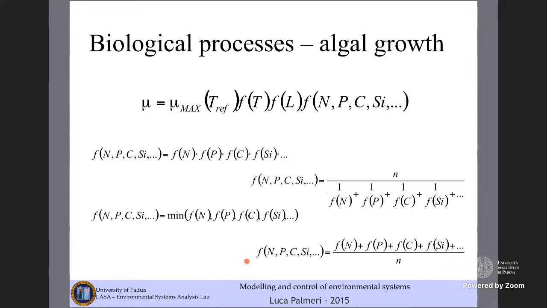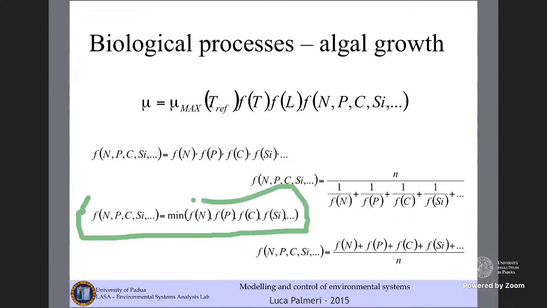Another important way of describing limitation is the so-called Liebig's law of minimum. In this case, what you're doing is that you are describing the limiting effect by taking the smaller of the limiting functions for the various aspects.